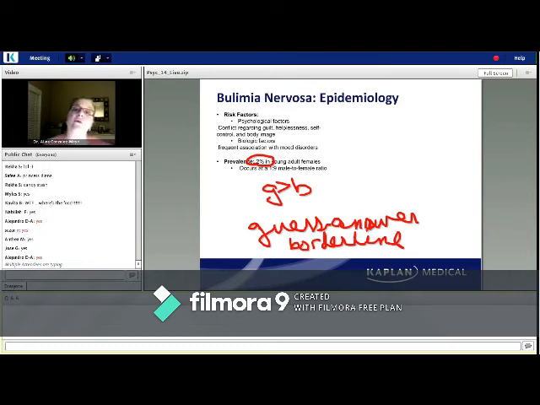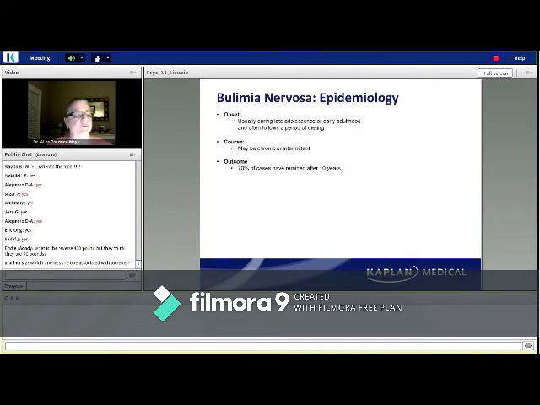So what they do is that they hide food in order to eat it later. So again, this one isn't really lethal, but the way to treat it is with an SSRI.